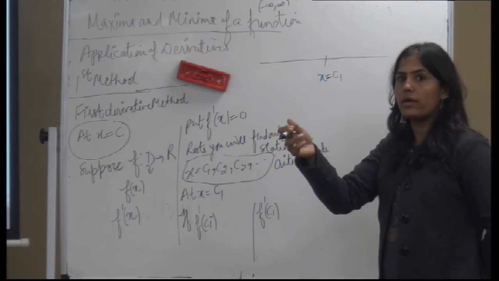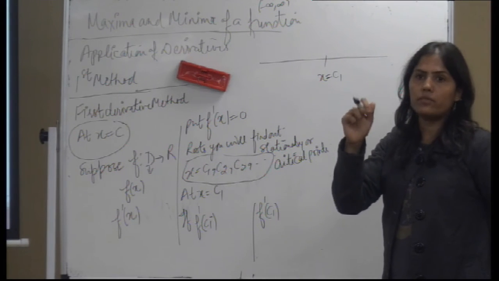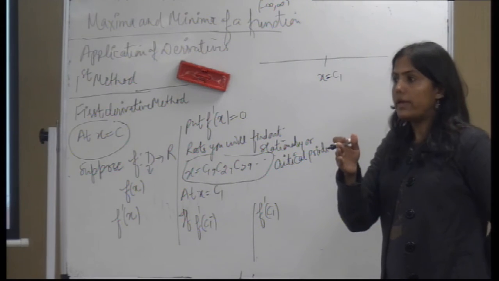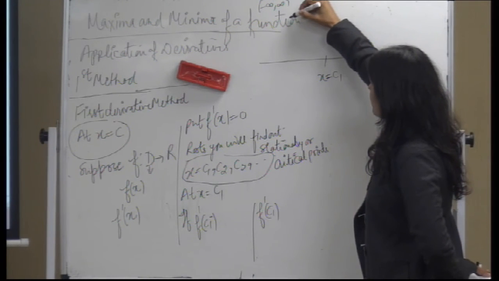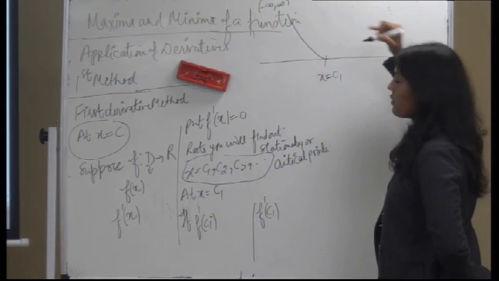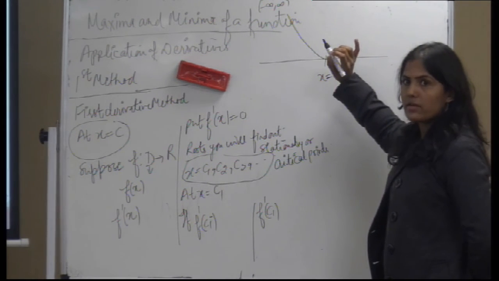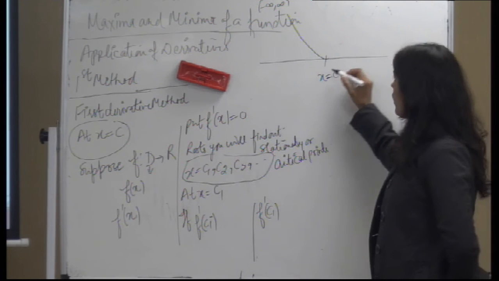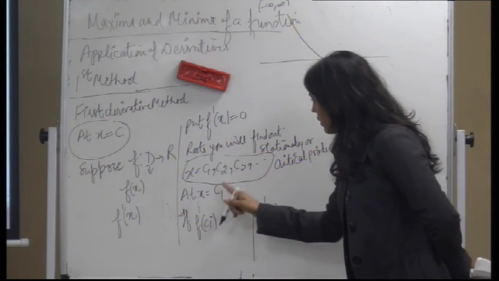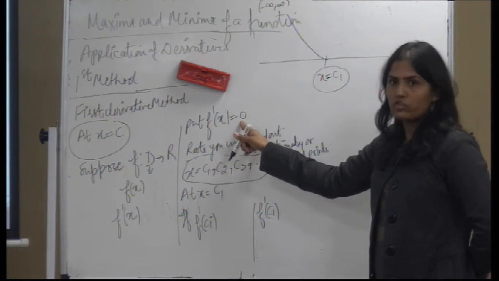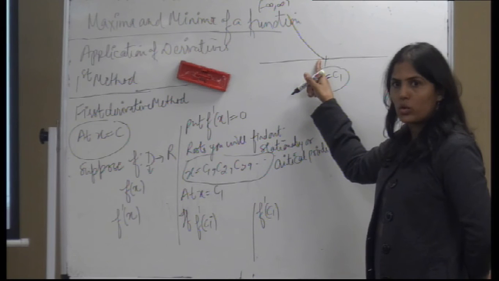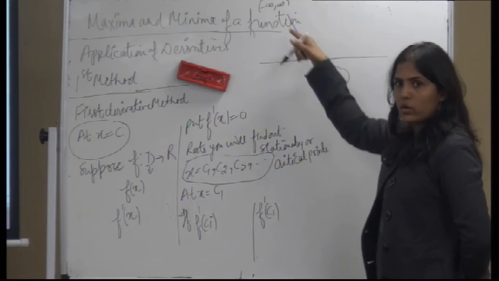Negative means what? If the function derivative is negative, is the function increasing or decreasing? Decreasing means the function is coming in this direction. I have already told you at c1 the function derivative is 0, so the tangent will be parallel to the x-axis, and the curve will look like this.